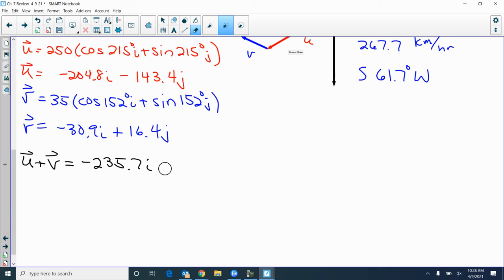All right, double check your j for that one. Peyton, what do we get there? Minus 127 j, because the 0.4s cancel. All right, we good? Both of those?